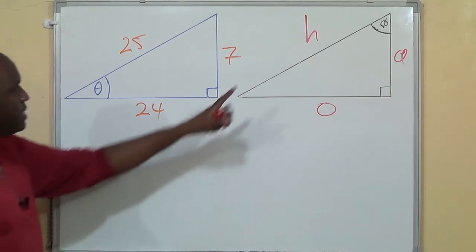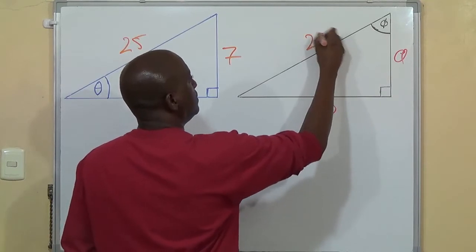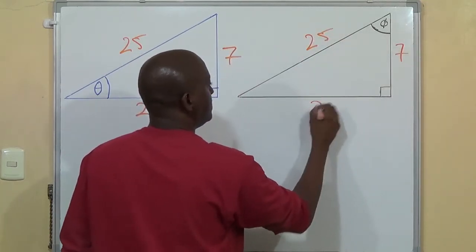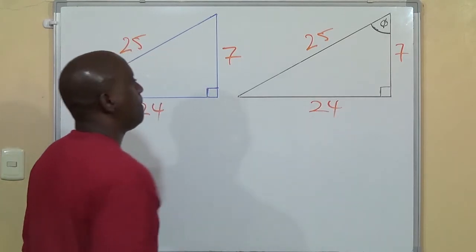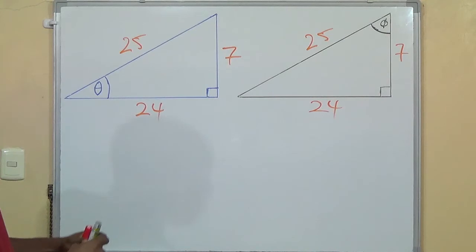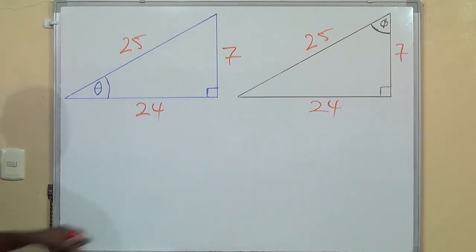Good? Same triangle over here, same lengths: 25, this will still be 7, and this here is still 24. Yeah, we've got to change the color of the ink to make things a little more interesting.